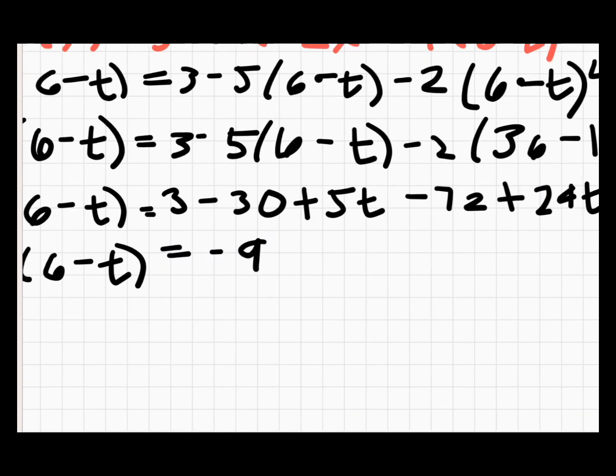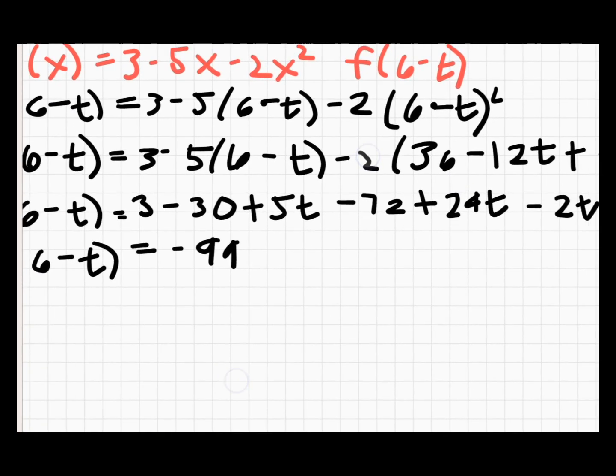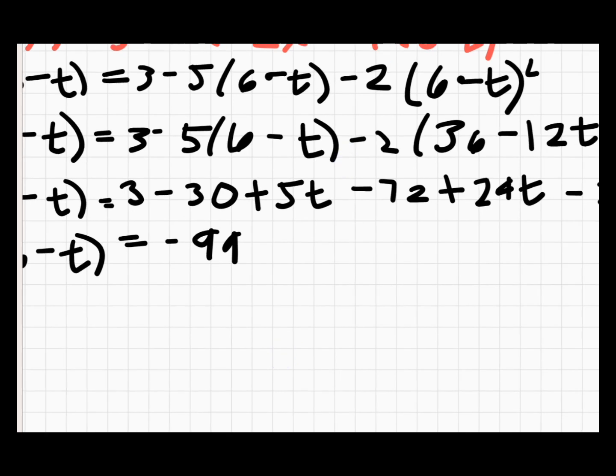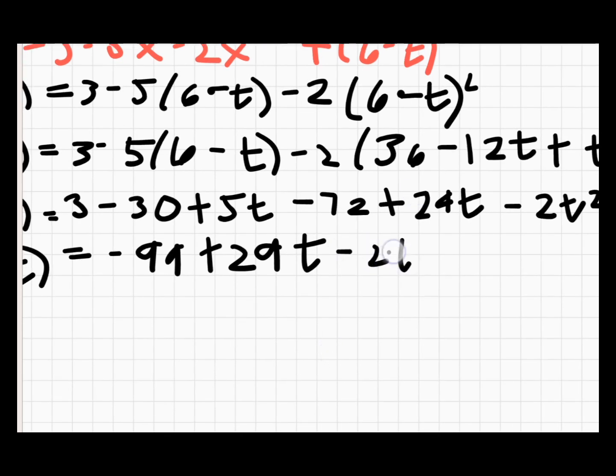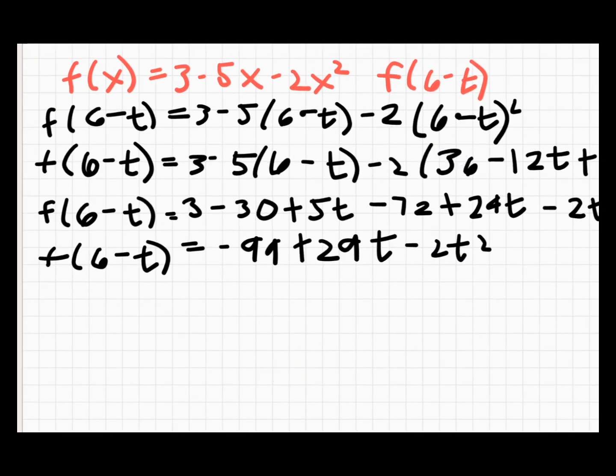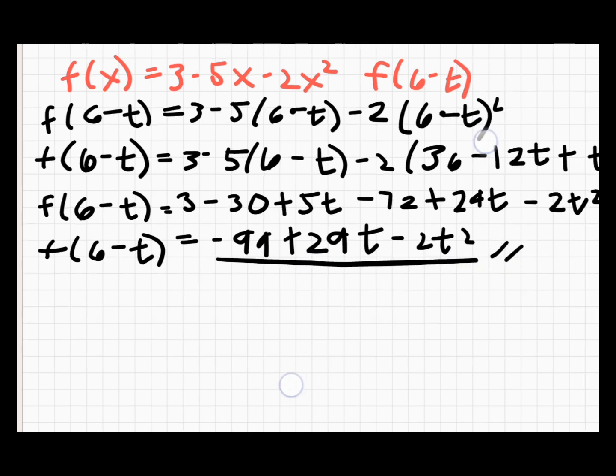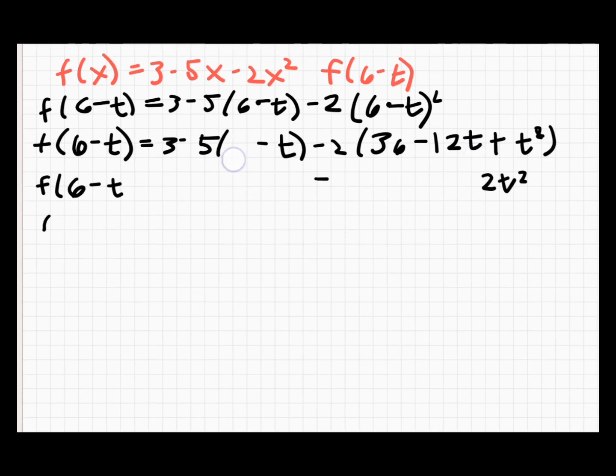And then 3 minus 30 minus 72 is equal to negative 99. Then 5t plus 24t is positive 29t. And then minus 2t squared. So this is our final answer.